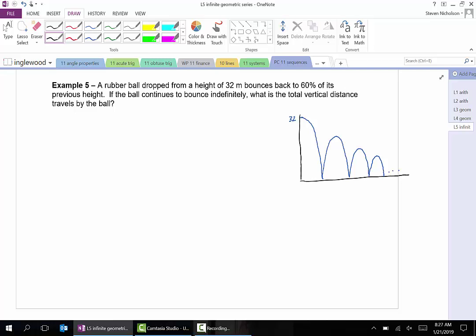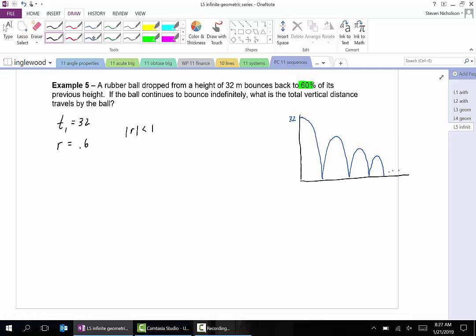The drop from a height of 32, that's your T1. That's the starting point. That's the first piece of information. And the other valuable piece of information, it bounces back to 60% of its previous height. And that's our repeated idea. That's our common ratio. And we can express it as a decimal, or we can express it as a fraction. But given that the absolute value of r, 0.6, is less than 1, and it's greater than negative 1 and less than positive 1, that tells us there will be a convergent series.